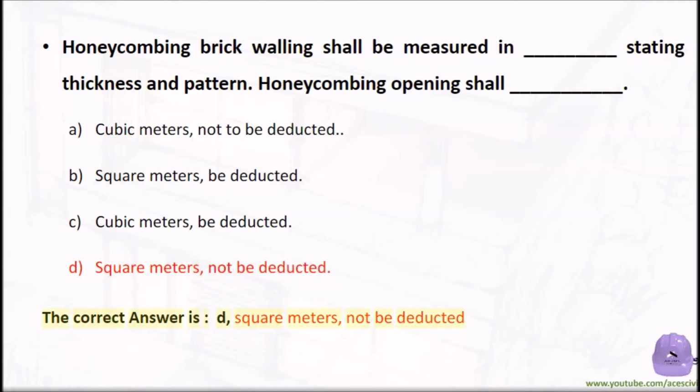The correct answer is D. Square meters, not be deducted.